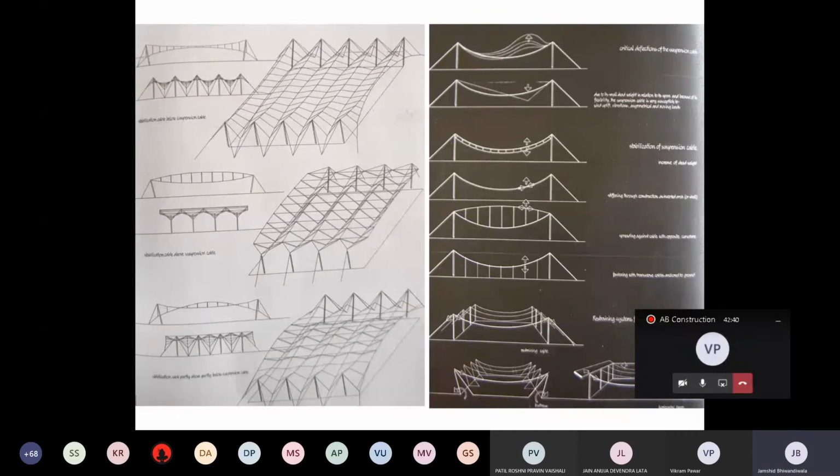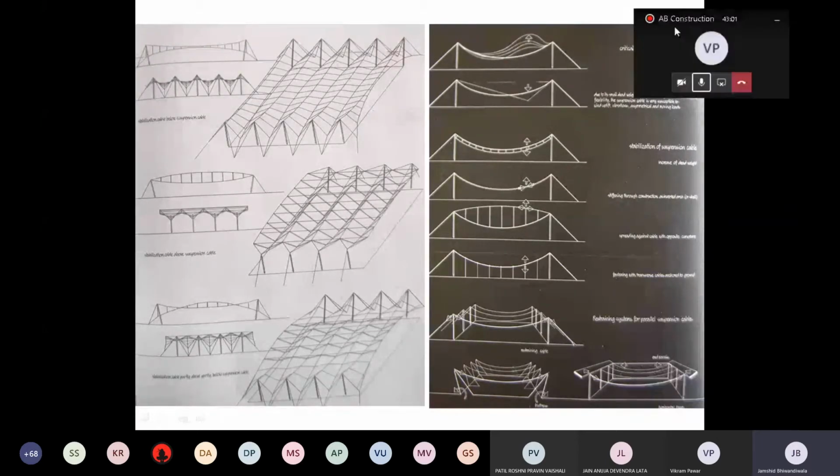If you look at the diagram to the right, it is the idea of how cable stayed can actually help you by way of edge conditions.